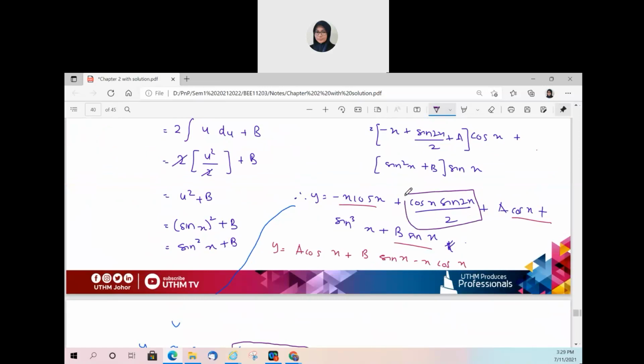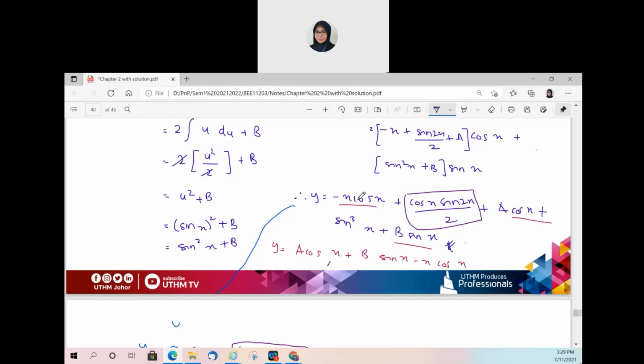Okay, so kita kena buat, you have to show that the answer is y equals a cos x plus b sin x minus x cos x. Betul tak? You kena provekan solutionnya adalah yang ini. Therefore, you look at the general equation that you get from your calculation: you have here a cos x, ada. B sin x ada, minus x cos x ada.